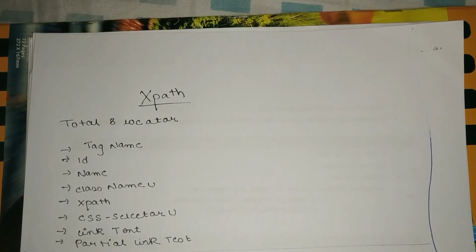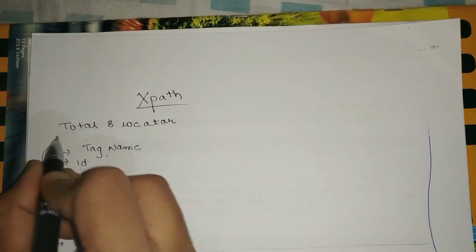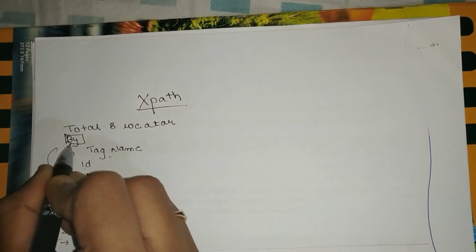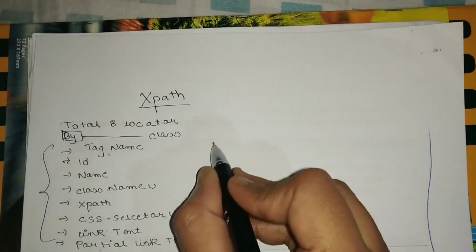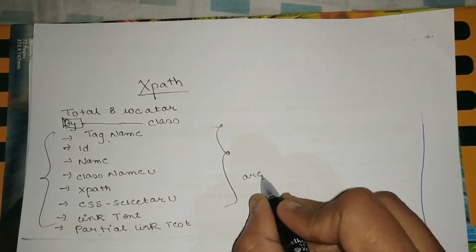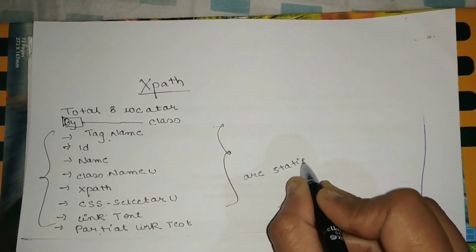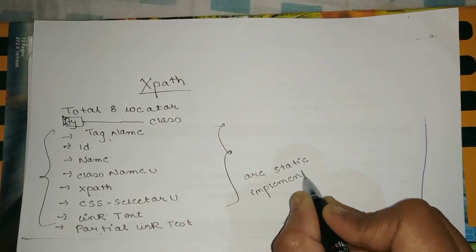So as I told you, XPath is used to identify any element present in the UI based on the element's HTML code, okay? So a total of 8 locators are there: 1, 2, 3, 4, 5, 6, 7, 8. And all these locators come in By, and By is a class, okay? And one more point you need to remember, that all are static implemented.